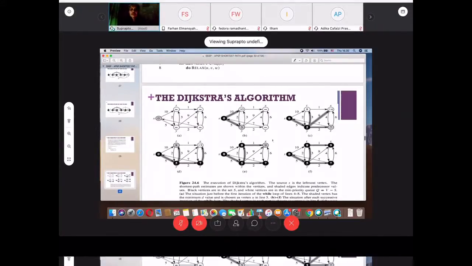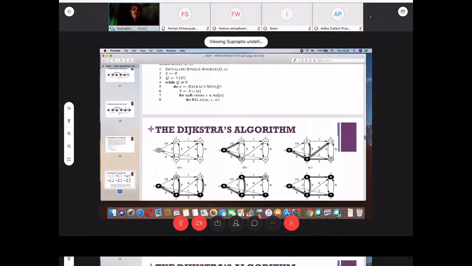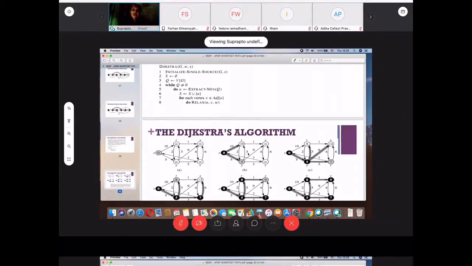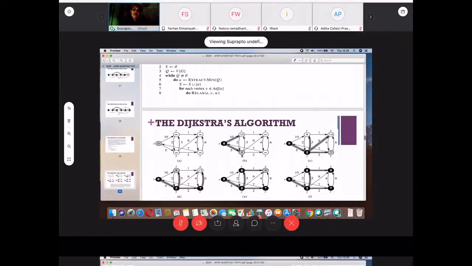Because the instruction is extract min, between these two values 5 is the smallest, right?